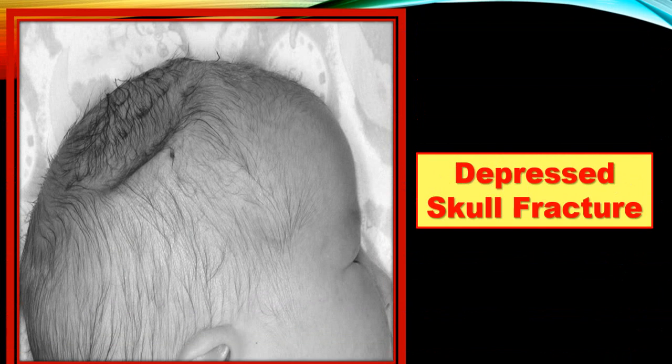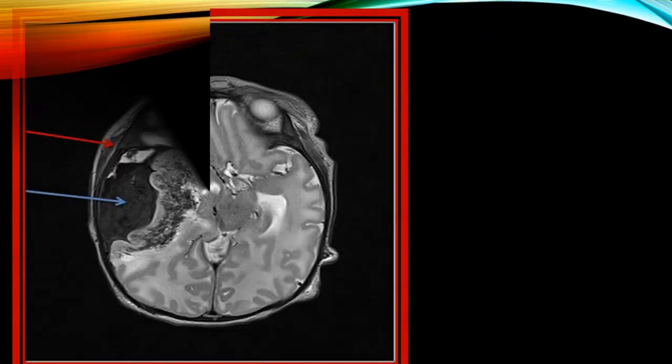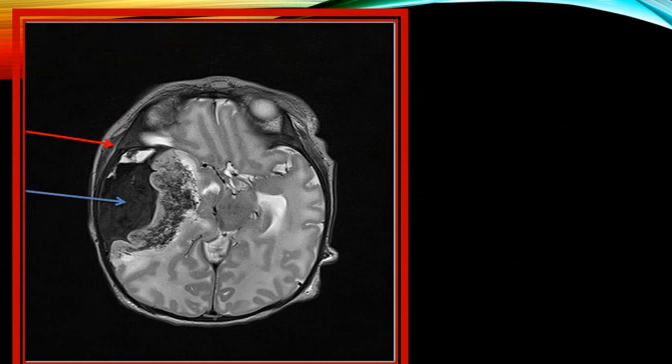So a question as an example for this slide could be: what are the indications of surgical management of this problem? You have to know this is a depressed skull fracture, and you have to mention the indications for surgical management. Now we go deeper from the cranial to the intracranial injuries.